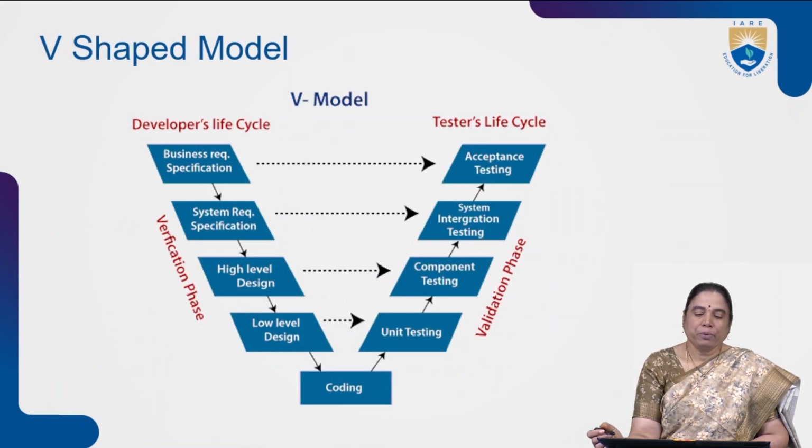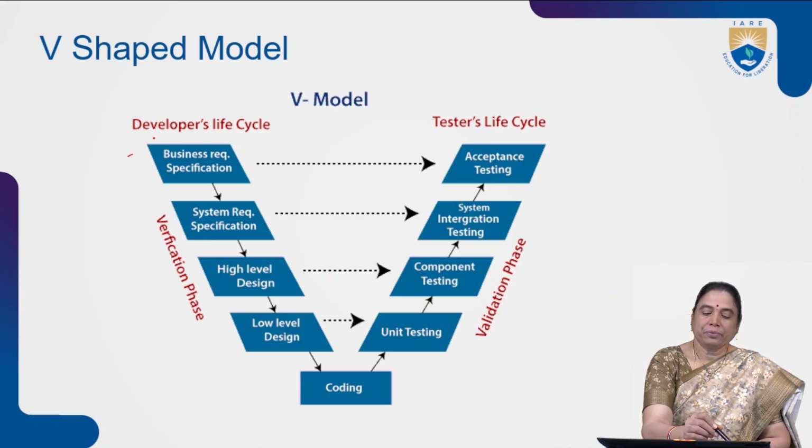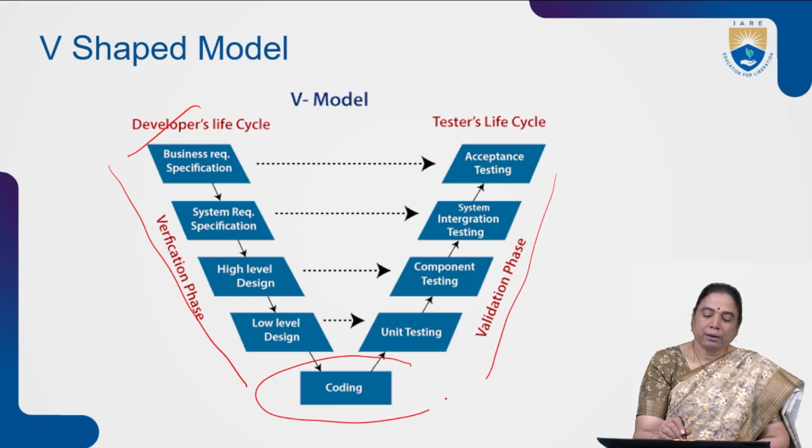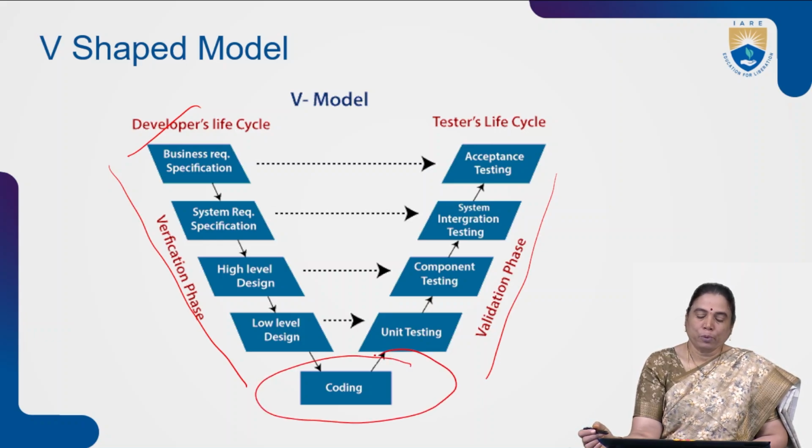So in the V-shaped model, the development as well as testing is carried out in parallel. So this is the development life cycle. This wing must define the development life cycle, and this part of the V defines the tester's life cycle. The coding is the central part of the V-shaped model.